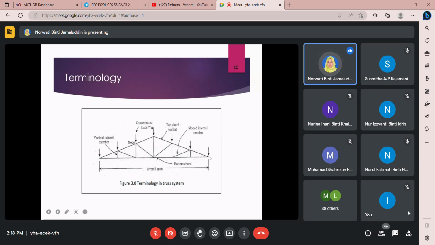This is a concentrated load. For simplicity, we assume loads will be on the node points, but it is not always the case. Sometimes you may have a load located in between nodes.